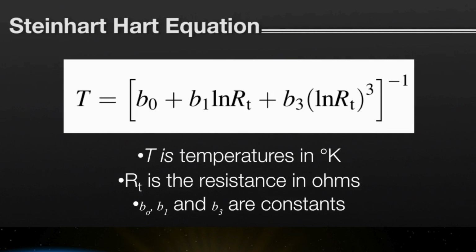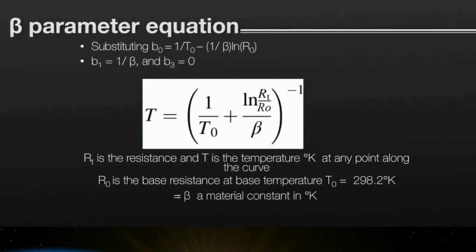Note that the temperature must be calculated in degrees Kelvin, and there are 3 proportionality constants to keep track of. Yuck! I like this form of the Steinhart-Hart equation much better, if you can like equations, that is. First, you make the substitutions for constants B0, B1, and B3 as shown here in the slide.